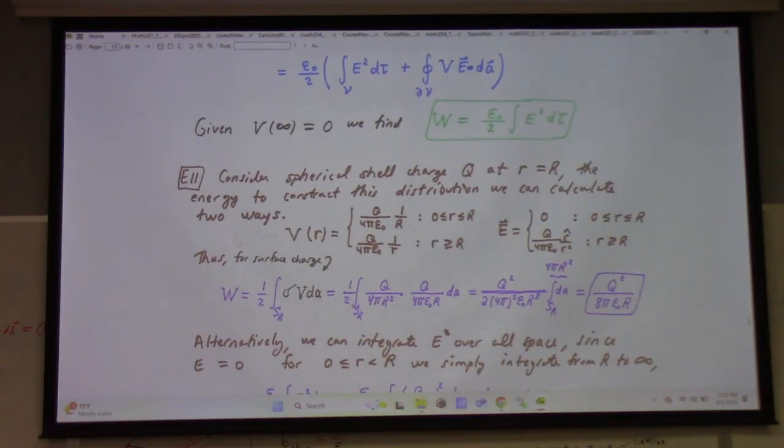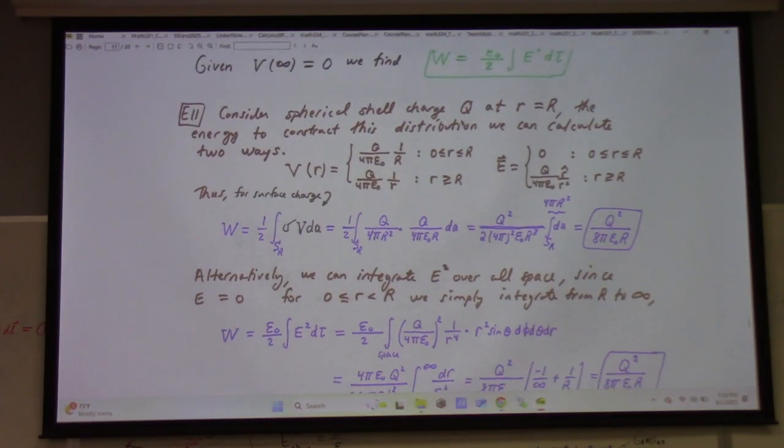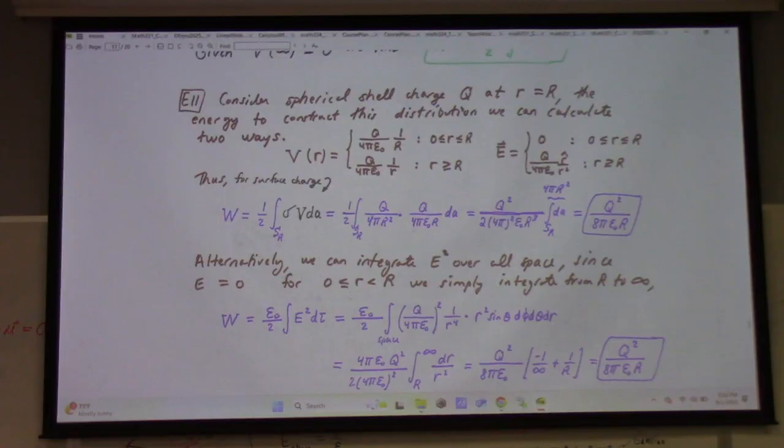So in this example right here, what I've done is calculate the work to assemble the sphere. This is the spherical shell charge yet again. Here I'm calculating the work done over a volume being the sphere of radius r. The volume term is 0 because the density is 0 inside there.